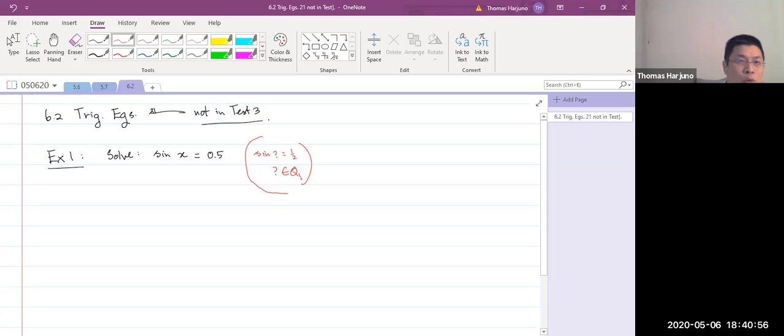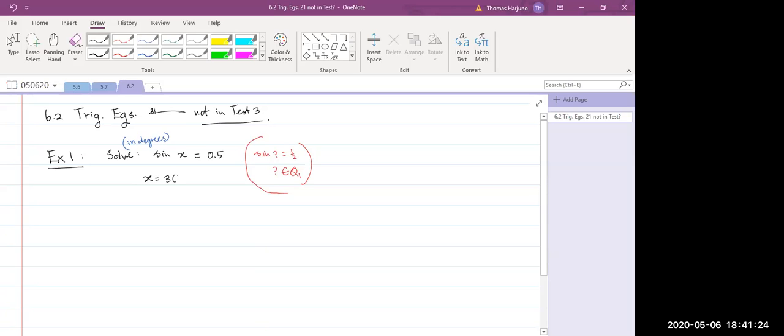The answer is supposed to be in radians, but sometimes I allow you to have that in degrees. So let's first answer this in degrees. Sine of what equals 0.5? 30 degrees, right?